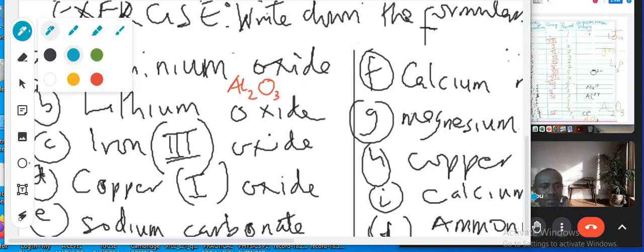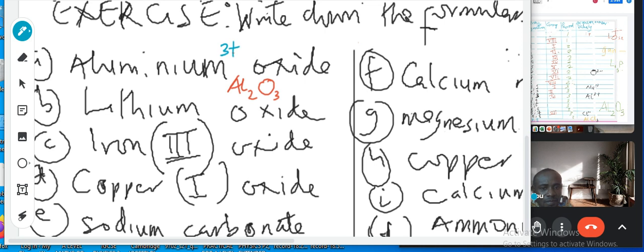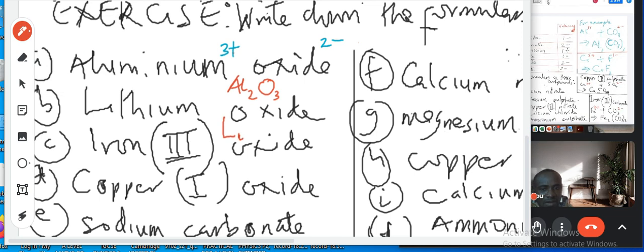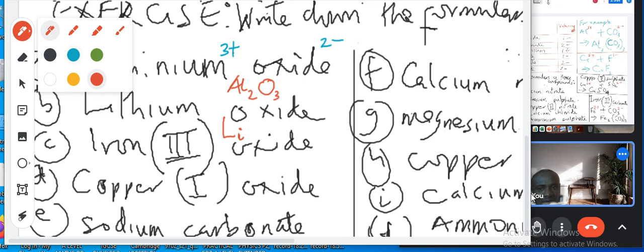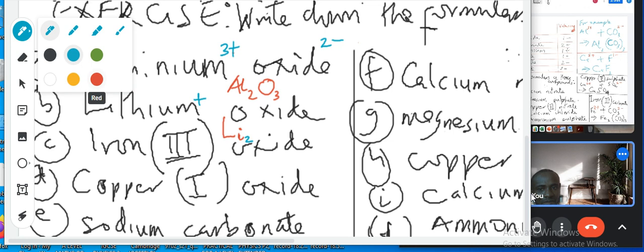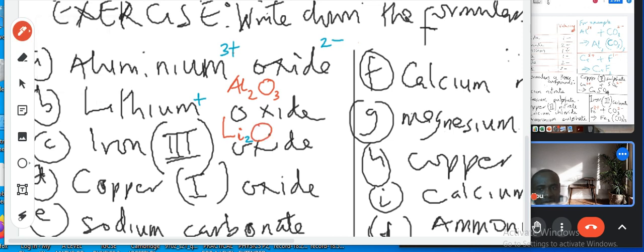So that will just be Li2 and then O. Oxygen is 2 minus, remember? Yes, Li2, then O.